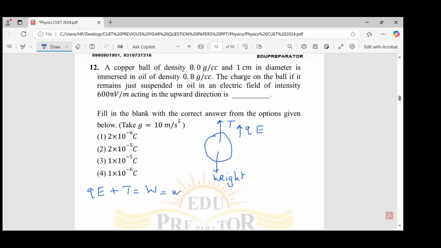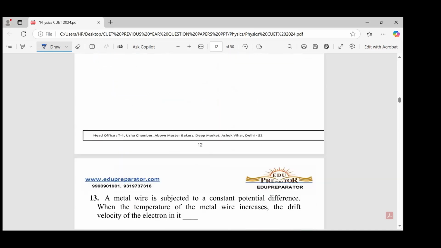Now weight, as we know, is equal to mass into acceleration due to gravity. But mass is volume, 4 by 3 pi r cube, into density of copper, into acceleration due to gravity. By simplifying, we get the result 2 into 10 to the power minus 5 coulomb. You can easily find the value of Q, the charge, because you are given the electric field and all parameters. So let's move to the next question.